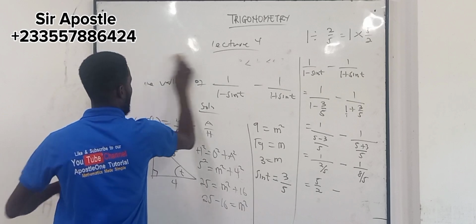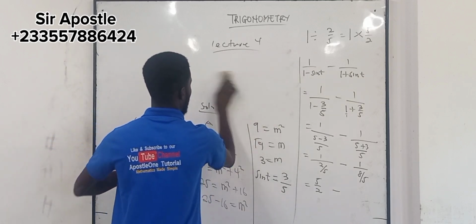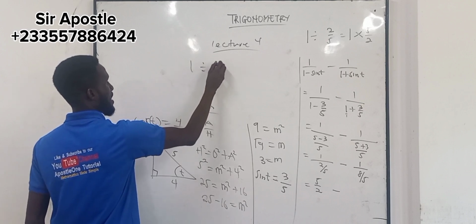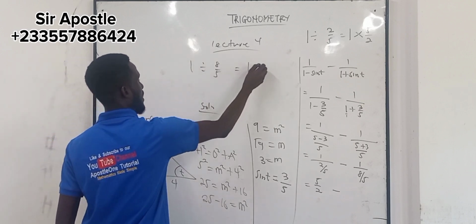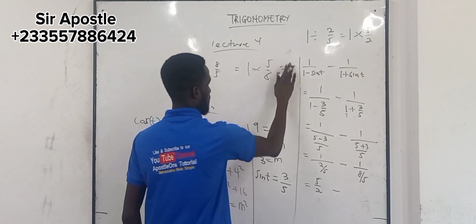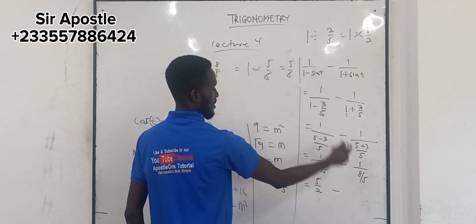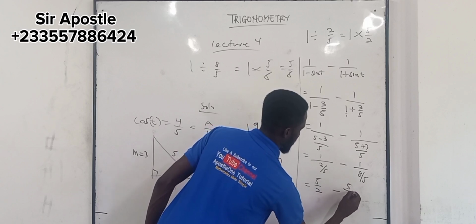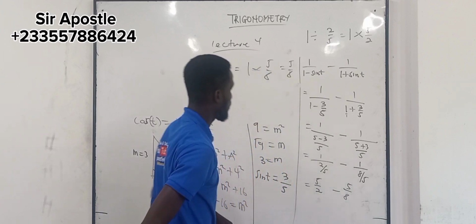Let me clean this one. It is the same as 1 divided by 8 out of 5, which is the same as 1 times 5 out of 8, which will give us 5 out of 8. That is for the second one.